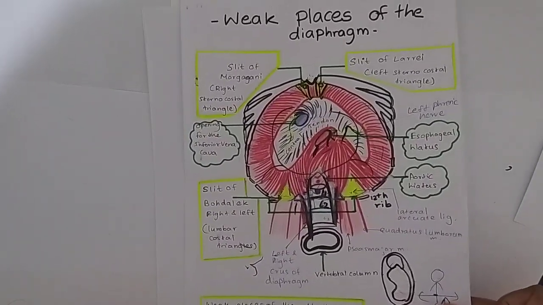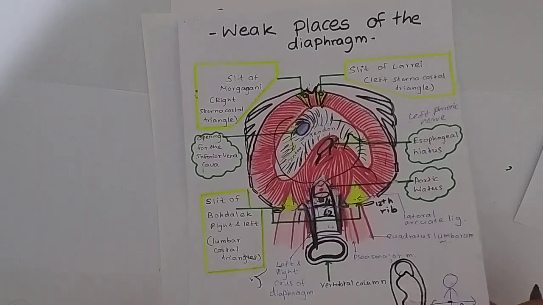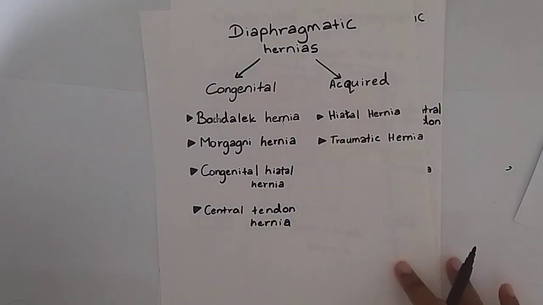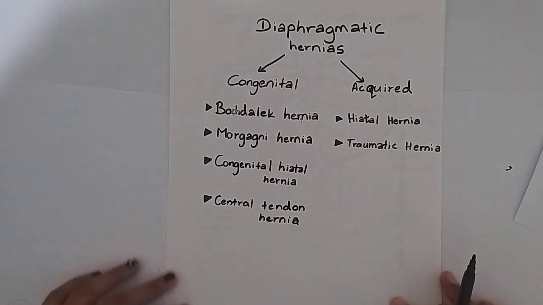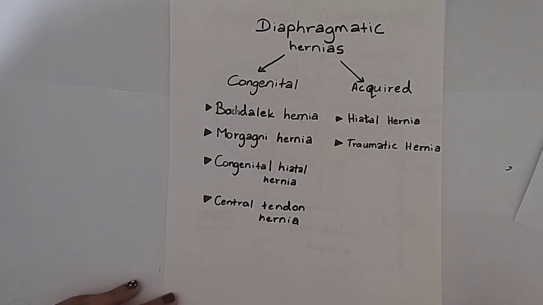Now we will talk about the hernias, right? Here there is a chart about the hernias. Diaphragmatic hernias we can divide into congenital and acquired. Congenital hernias are Bochdalek, Morgagni, and congenital hiatal hernias, and also central tendon hernias.